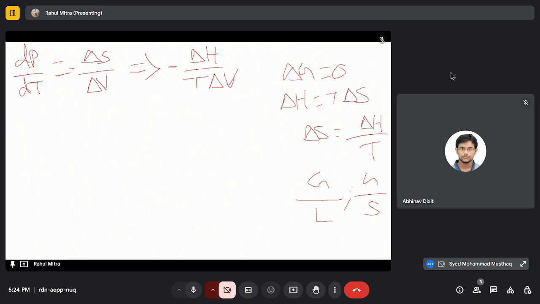So delta V is approximately equal to the volume of gas. Why? Because the volume of gas is much greater when compared to the volume of solid of equal moles.